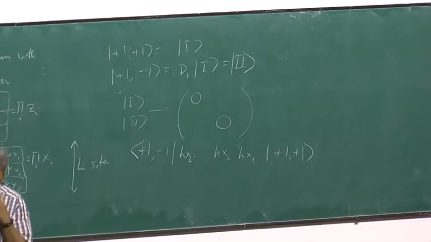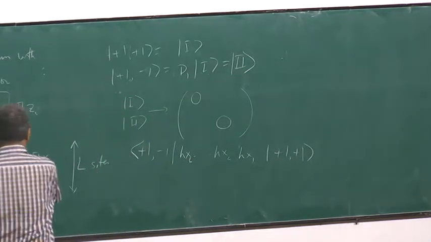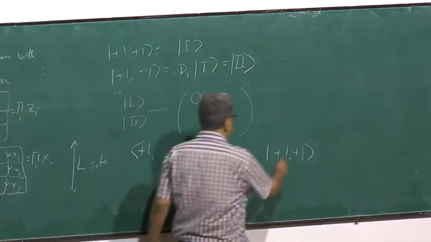Is that clear? Because you have to put in enough x's which cancel out all the x's that are there in D. So this is Lth order perturbation theory.